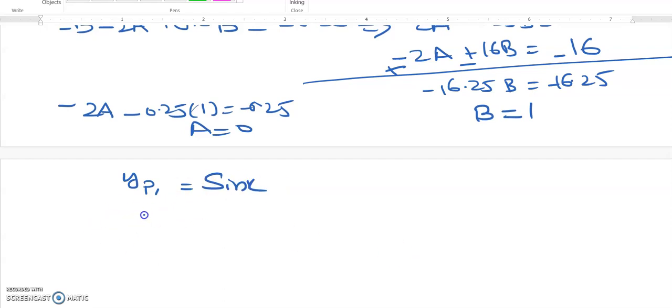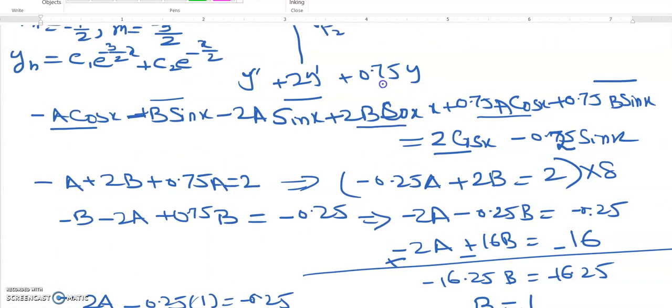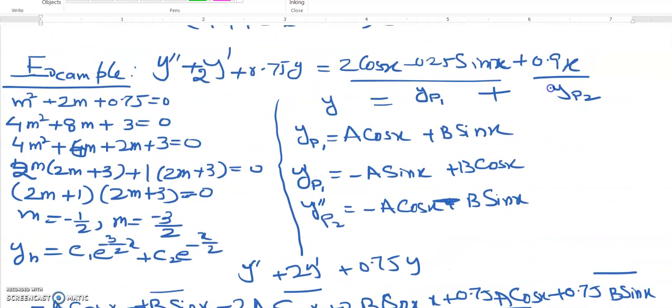Okay, the second particular solution is a polynomial here.